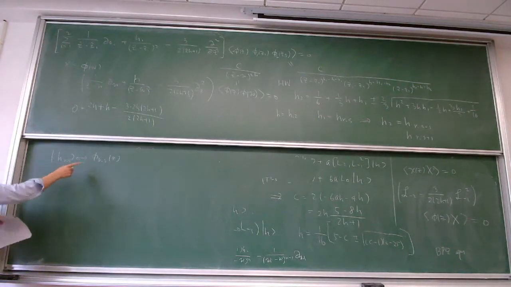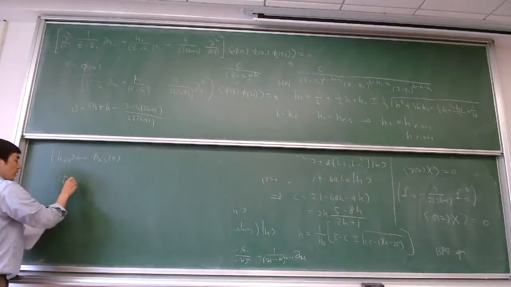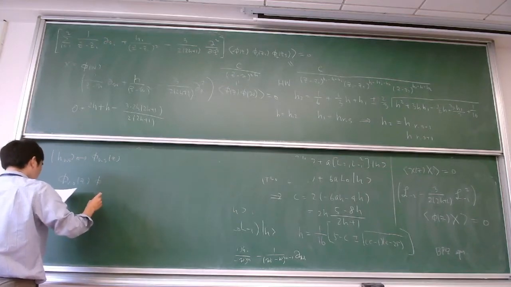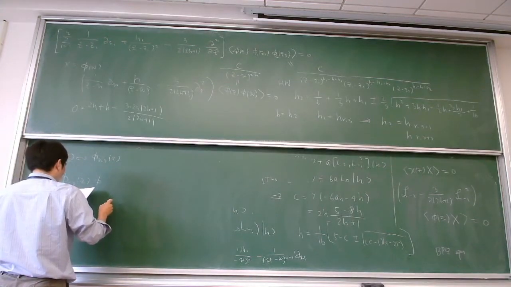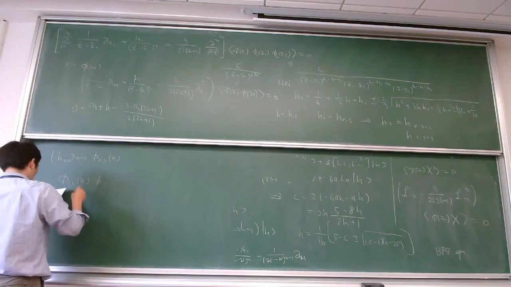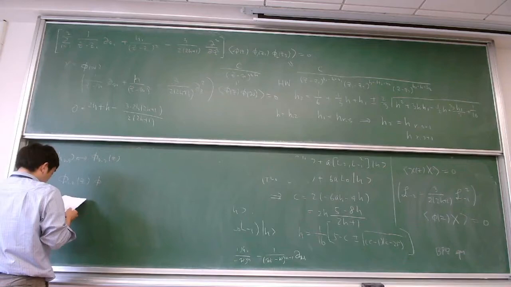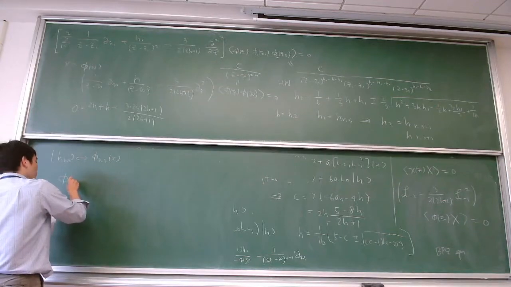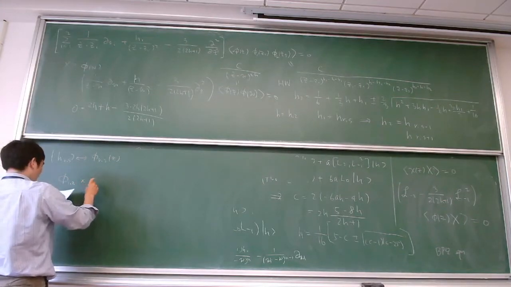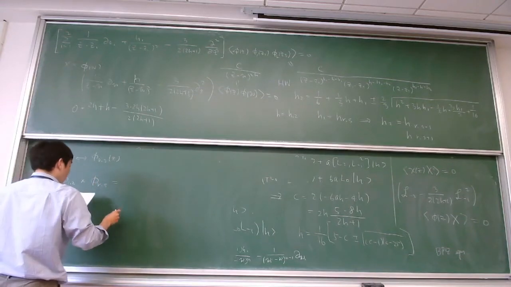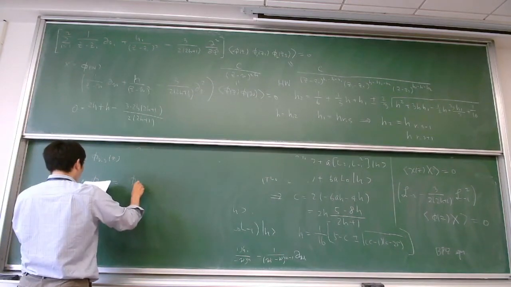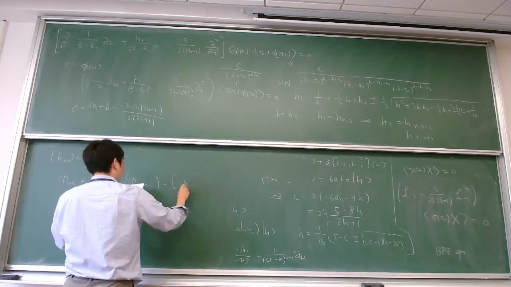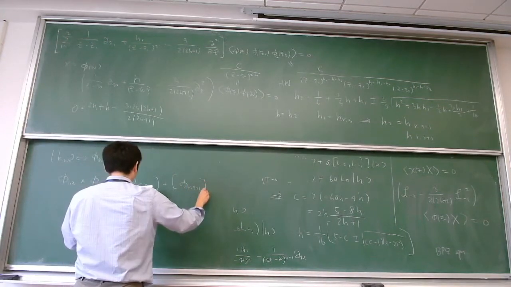If you take the fusion, the so-called OPE, of this one, it's called the fusion rule: phi 1,2 times the phi RS. Then this will give you the conformal family of this thing.